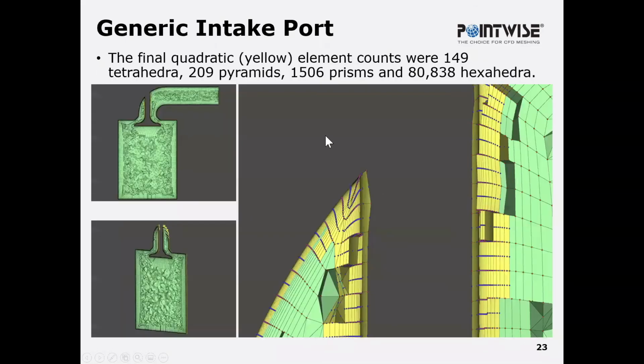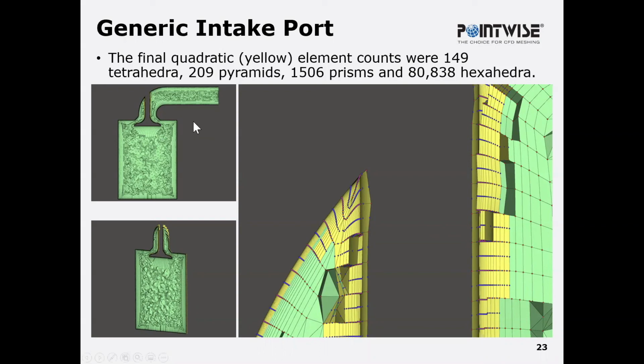So this is looking at the final mixed order mesh. You can see most of the mesh away from the walls is linear. I also must state that this was limited to just quadratic elevation. We weren't allowed to go to Q3 or Q4.